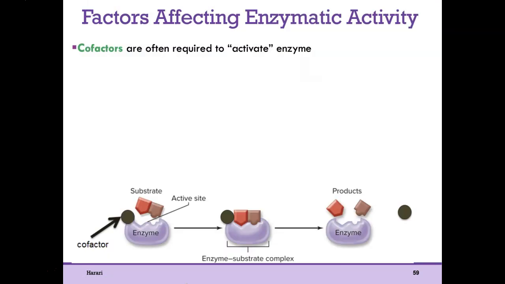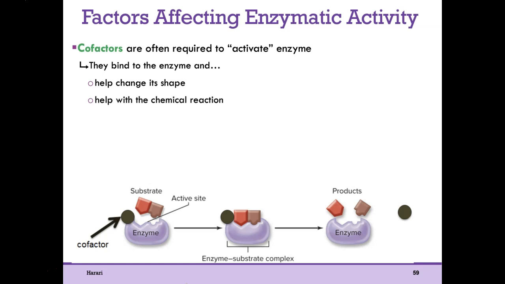So sometimes enzymes have partners called cofactors. Cofactors are non-proteins that bind to the enzyme to help activate it, right? Cofactors are often oxidized or reduced during the reaction, but they're not used up. Some cofactors are used to change the shape or to help with the chemical reaction. Some common cofactors are iron.